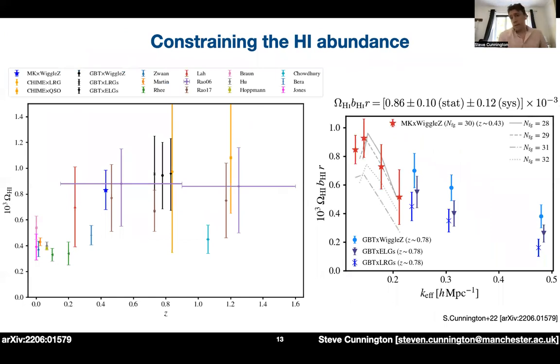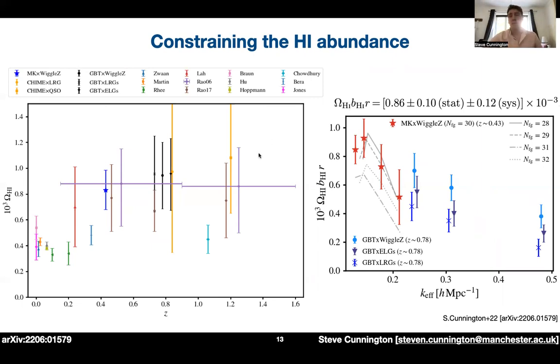Even though this is just pilot survey data at this stage, just a small amount of observation, we're not super sensitive to cosmological parameters yet, but we're already sensitive to some astrophysical parameters. One of these is the H1 abundance, in other words, Omega H1. The reason we're sensitive to this is that if there's more H1, it should boost the amplitude of your power spectrum.